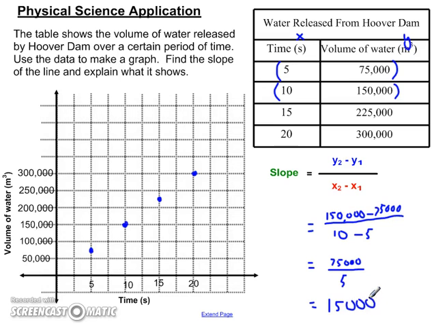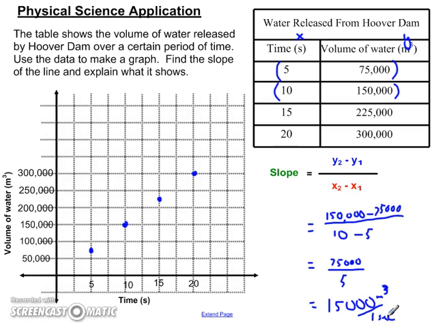So the question in this case is, what does that mean? What does 15,000 mean? Well, this would actually be 15,000 over 1. Remember, this is cubic meters, so that would be meters cubed over seconds. So what that is telling me now that I've broken it down for 1 unit is they are releasing 15,000 cubic meters of water each second.